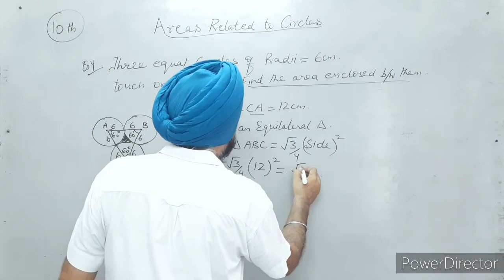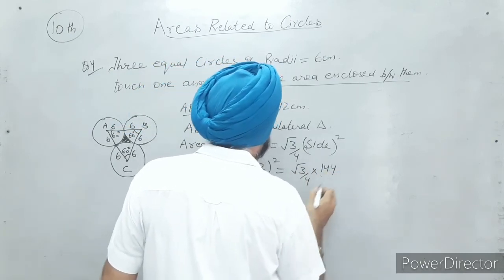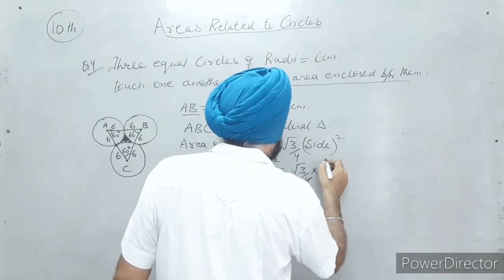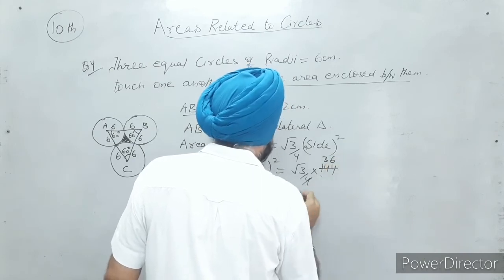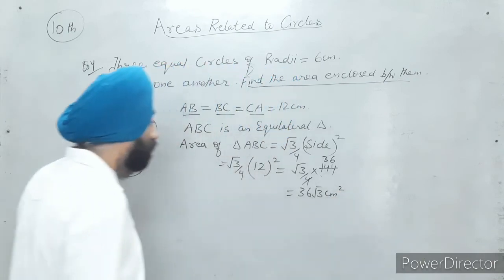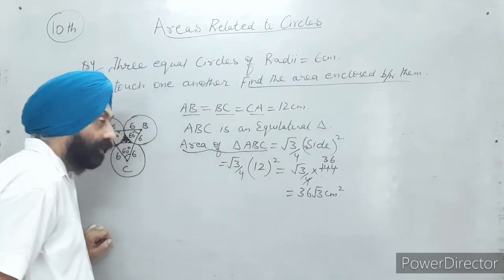This becomes under root 3 by 4 into 144. Right? This cancels out, that is 4, 3, 12 and 2, 4. This. It's 36 under root 3 centimeter square is the area of this triangle ABC.